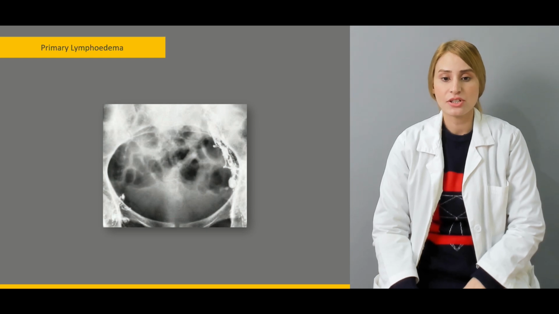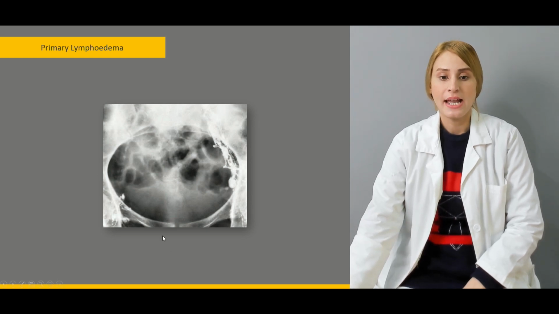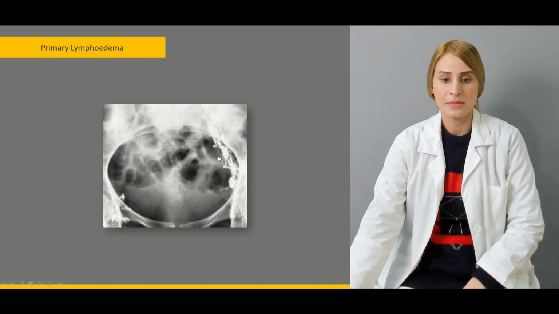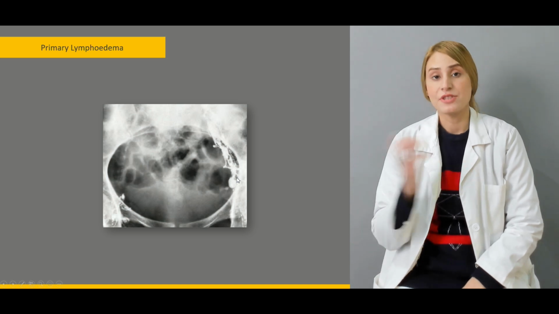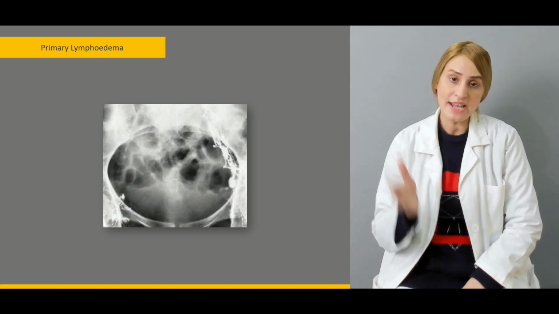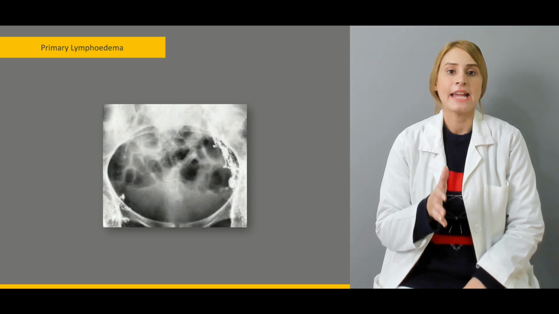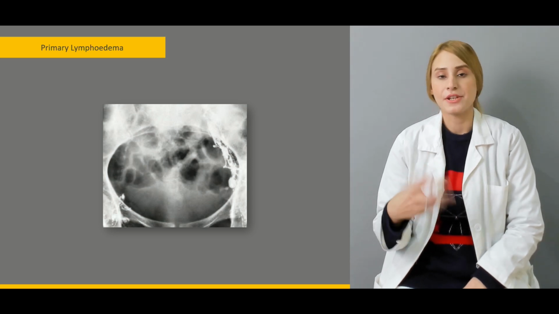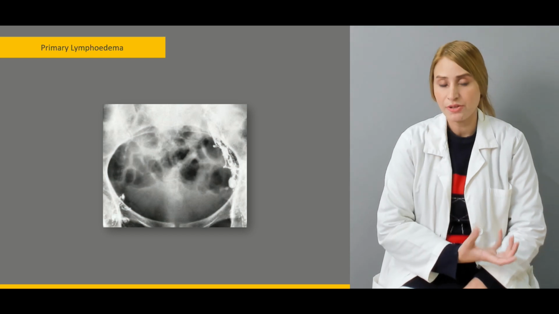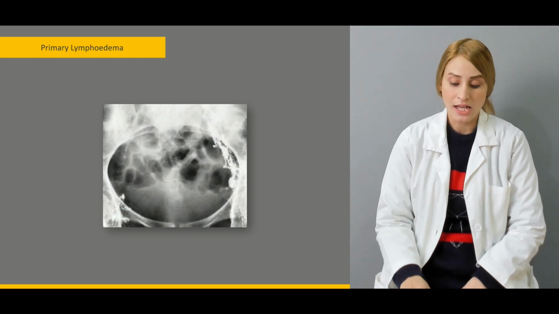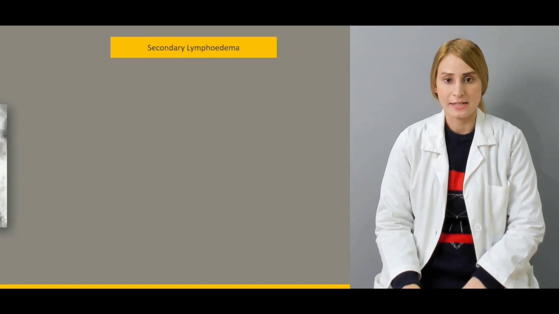There's another picture, another lymphangiogram, where you can appreciate the hypoplasia. So in the lymphangiographic classification, you say whether there's a proximal or distal obliteration. It's a case of congenital hypoplasia.